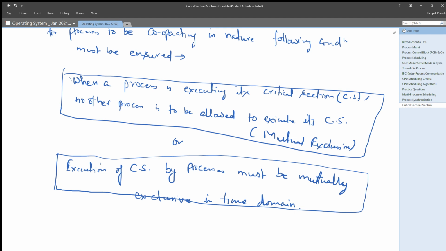We cannot say whether it is a shared variable or not, because at any moment the system cannot identify whether multiple processes are sharing some variable or not.